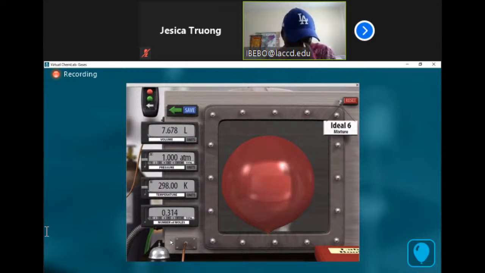So it tells you to compare your total pressure, which you have calculated by adding up those 3 numbers. Does it agree with what is shown on the dial?